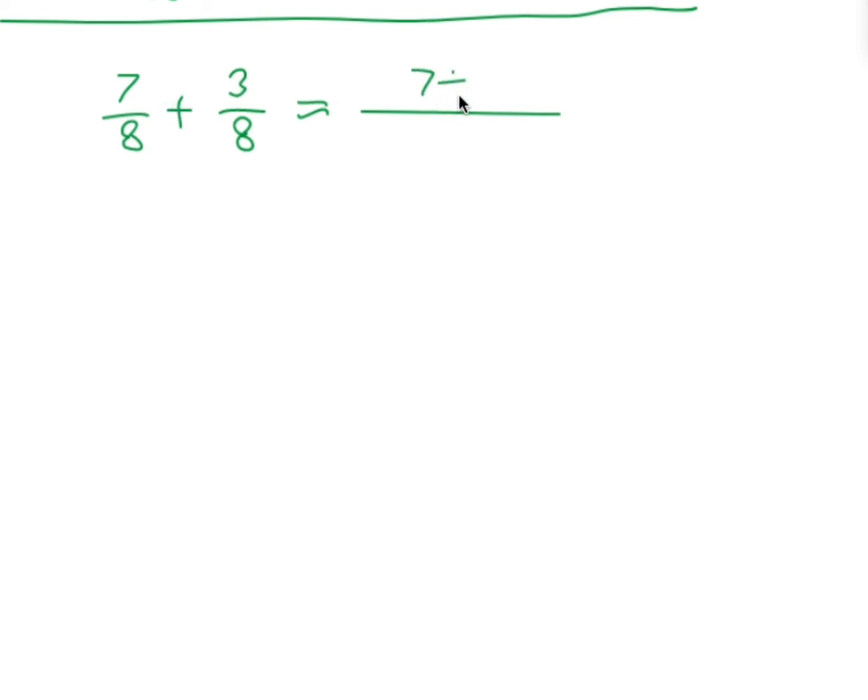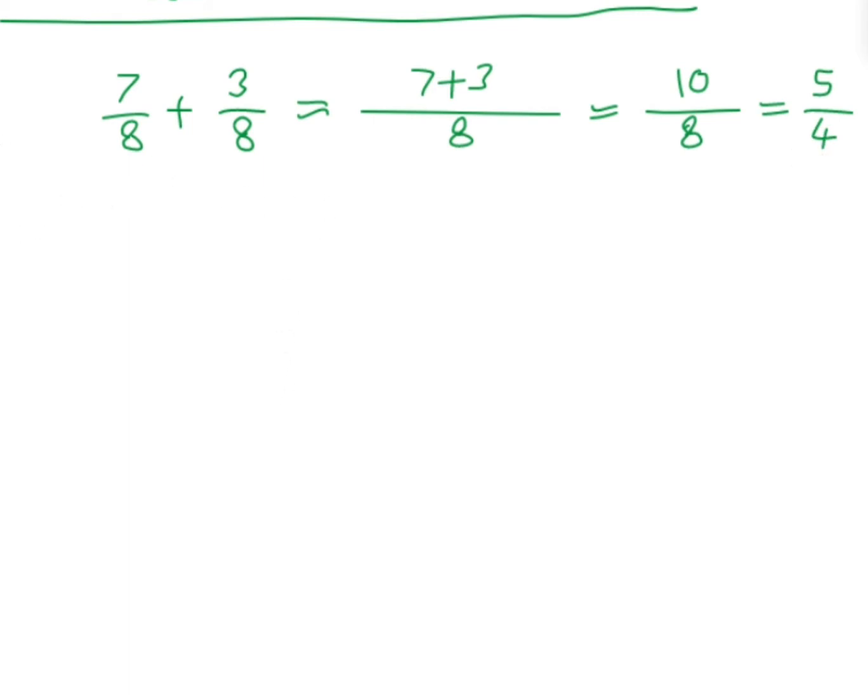So 7 plus 3 upon 8, and keep the denominator. This is 10 upon 8, and we can reduce, because the final answer is always in reduced form. What is the greatest common factor? Yes, 2. So we can divide both numerator and denominator by 2. 10 divided by 2 is 5, 8 divided by 2 is 4, and this is our final answer.